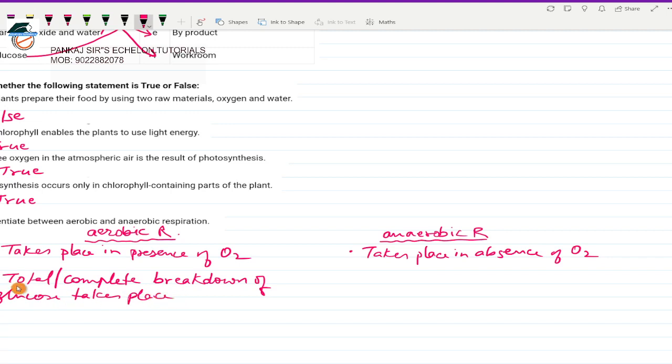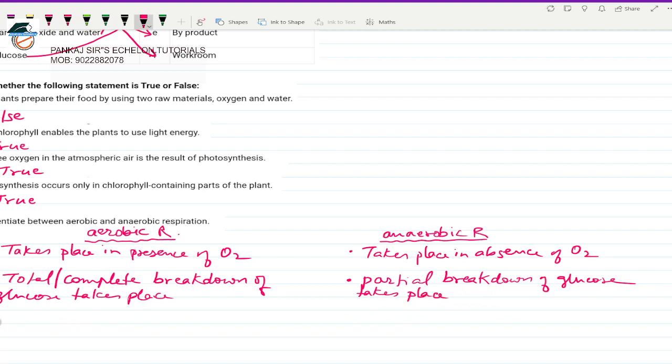So here in aerobic respiration, there's a total or a complete breakdown of glucose, and in anaerobic respiration, there's only a partial breakdown of glucose that takes place. That's the second point of difference.